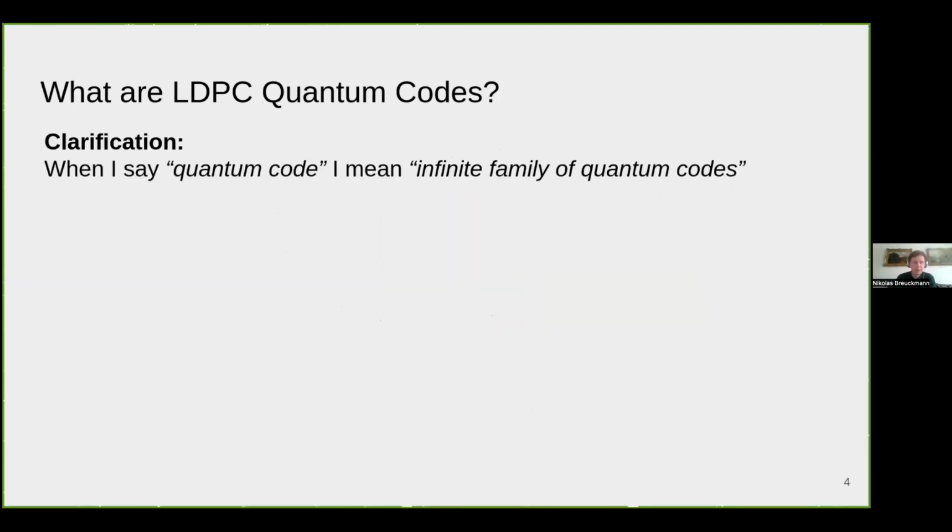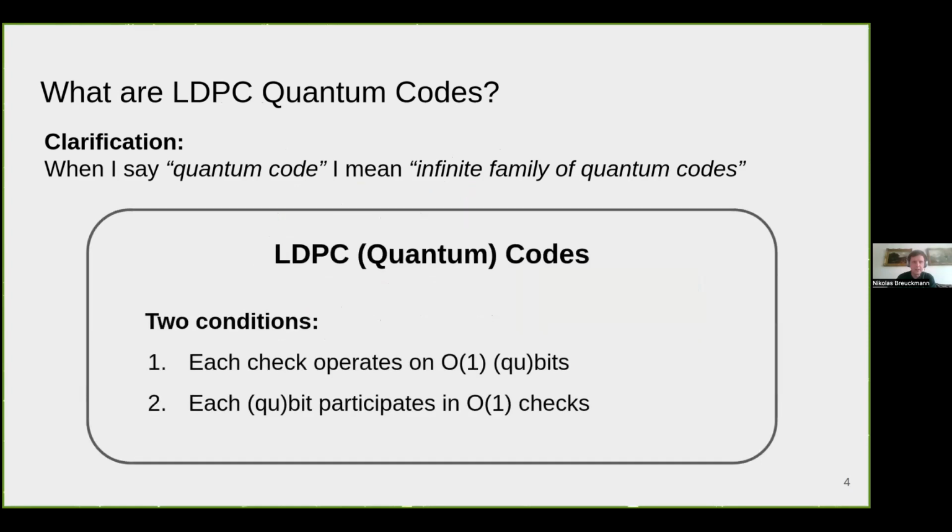First of all, let me clarify one thing. When I talk about a quantum code, I usually mean an infinite family of quantum codes. The talk is titled LDPC quantum codes. That's a subclass of all quantum codes which fulfill two conditions. First of all, each check operates on a constant number of qubits, and each qubit participates in a constant number of checks.